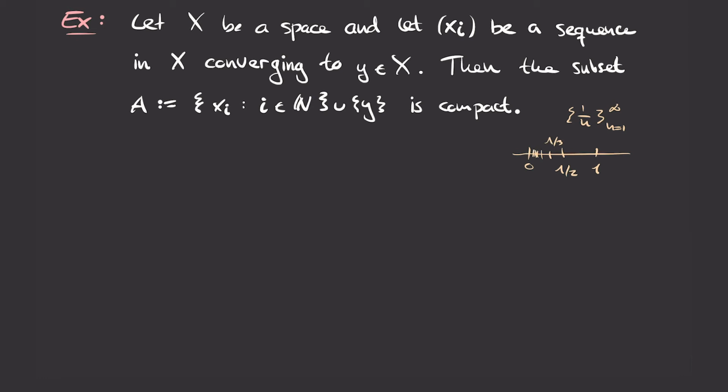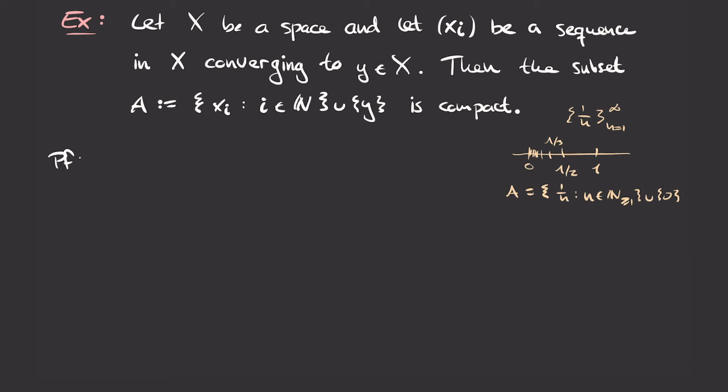And while this sequence converges to 0, our subset A would consist of the points 1 over n, where n is a natural number greater or equal to 1, unioned with the point 0. Then the claim of this example is that this subset would be compact in the real line. But of course, the example is much more general because it applies to all convergent sequences in some topological space.